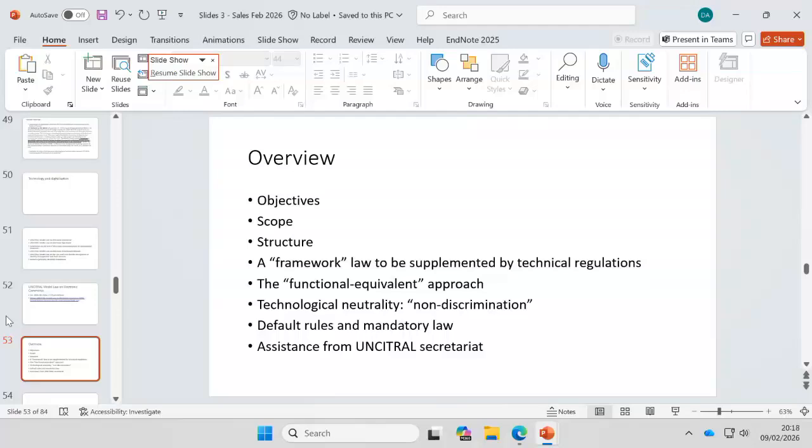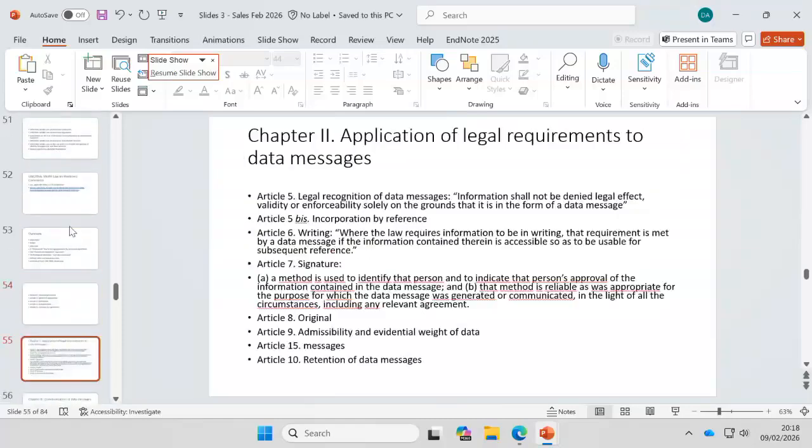These are all specific technologies that we've adopted for a specific reason. But the model law on electronic commerce tries to take a technologically neutral approach with default rules and mandatory frameworks.